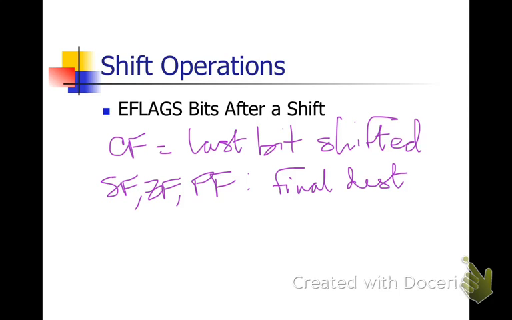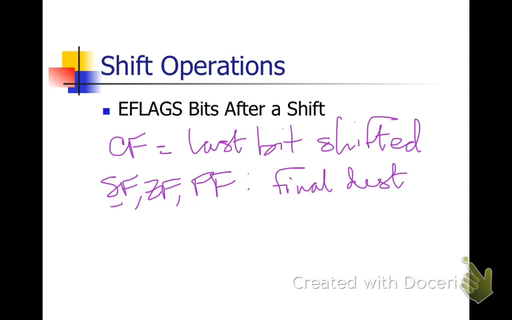Okay, so if the destination is positive, sign flag will be cleared. If the final destination is zero, the zero flag will be set. If the final destination has an even number of ones in it in the binary, then the parity flag will be set to make odd parity.